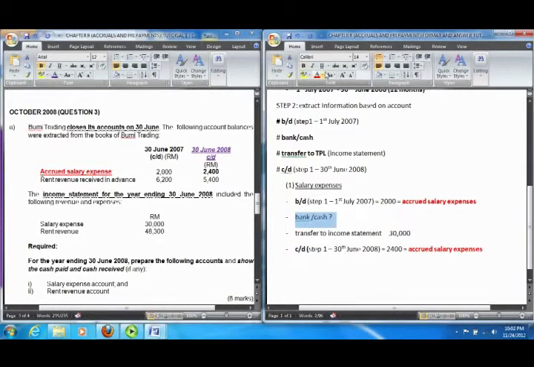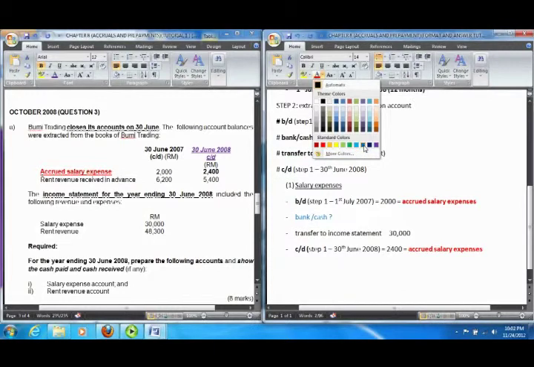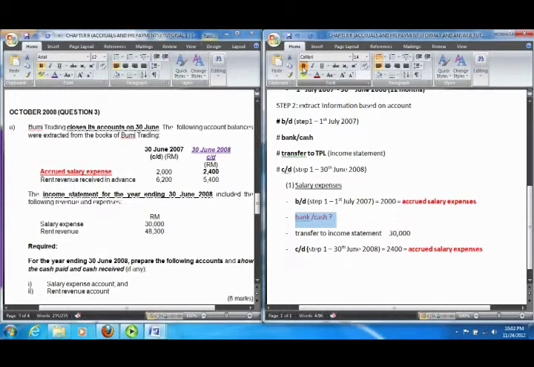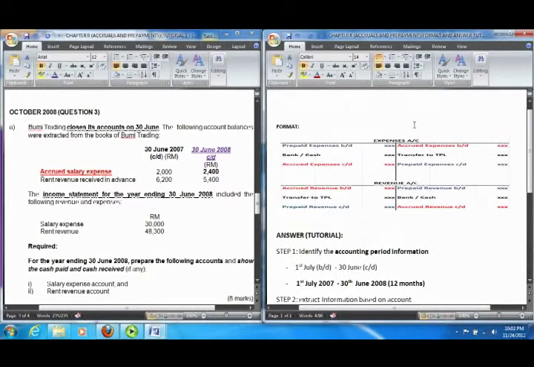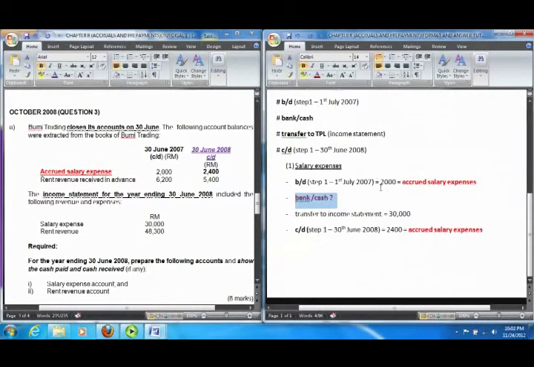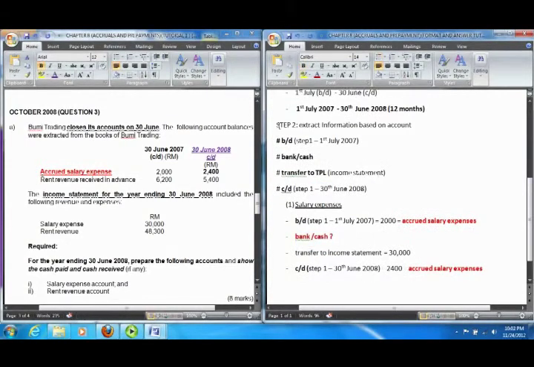So you need to find your bank and cash. You can find your bank and cash when you construct the format that I've showed you just now. So that is salary expenses.